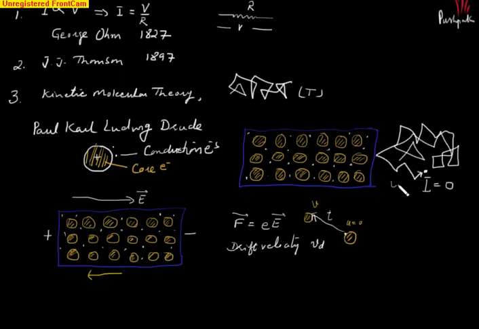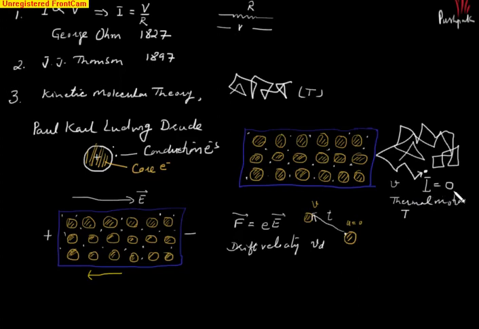This velocity during random motion may be denoted by v, and it is totally due to the thermal motion. And this thermal motion depends upon temperature.